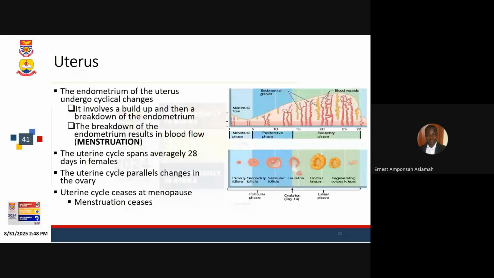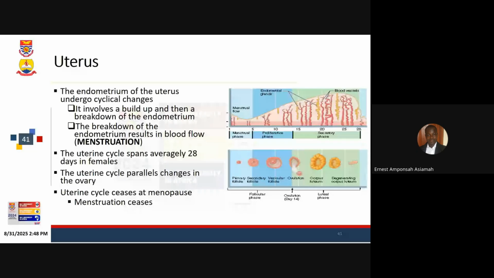So the endometrium of the uterus undergoes cyclical changes. It will build up, then it will break down. The breakdown of the endometrium usually results in blood flow, which we call menstruation.